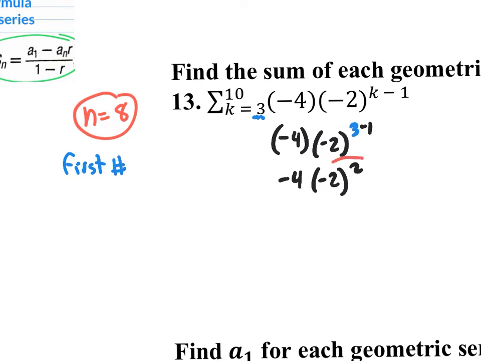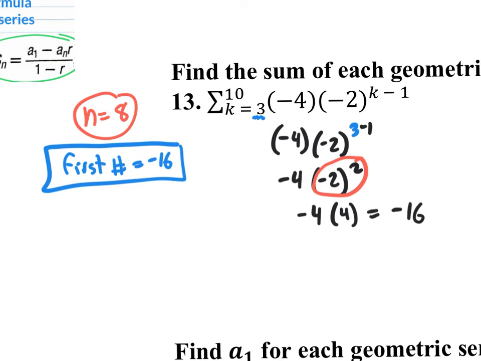And we do know that negative 2 squared is going to be a positive 4. So what we really have is negative 4 times positive 4, giving us a negative 16. And that is our first number. Our first number is negative 16. You could call it a sub 1 if you want. I'm just writing it out. The first number is negative 16.